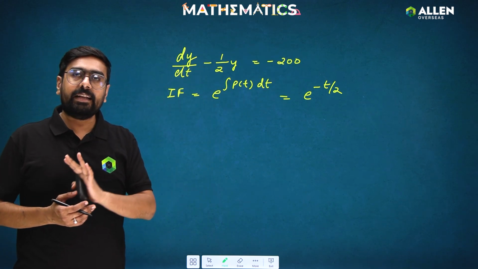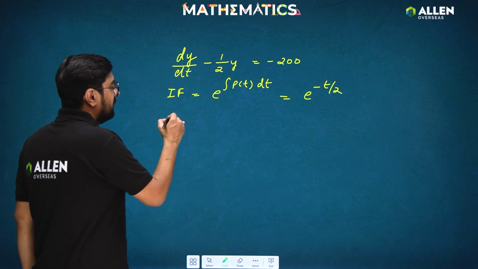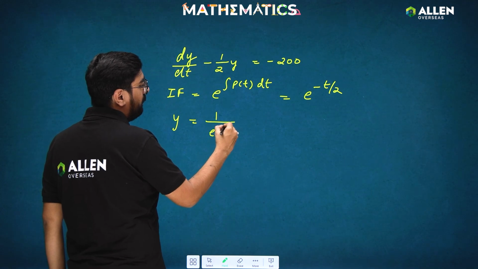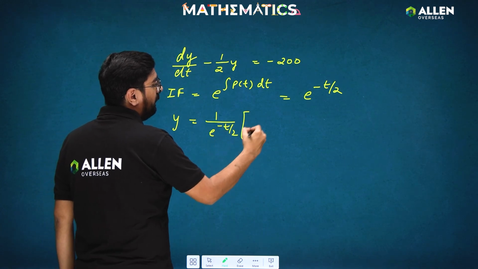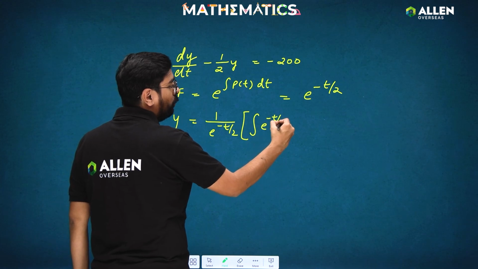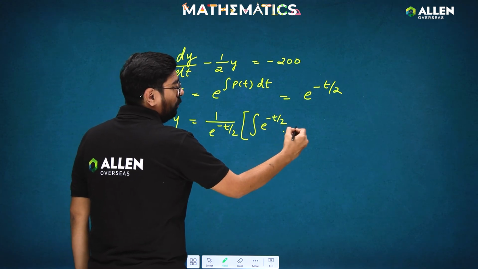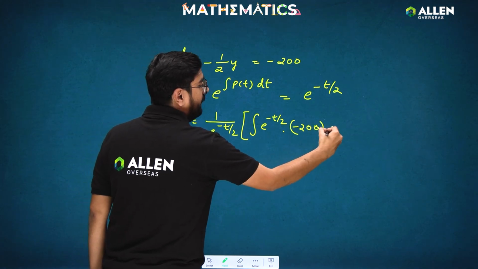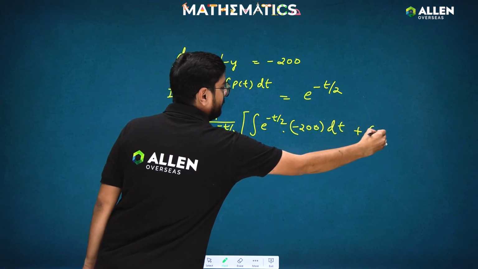Now we have got the integrating factor, we'll write the general solution. General solution is y is equal to 1 by integrating factor, that means e to the power minus t by 2, multiplied with integral of integrating factor, e to the power minus t by 2, into q(x), which is minus 200, dt plus c.